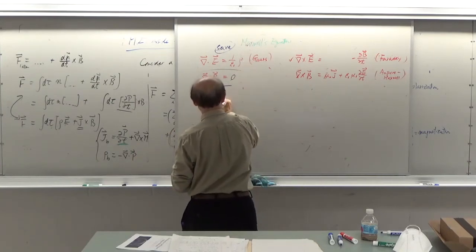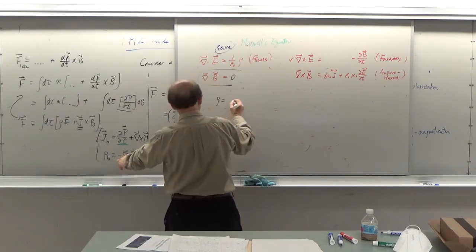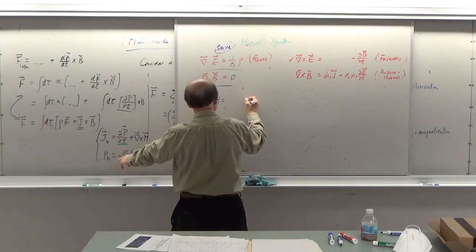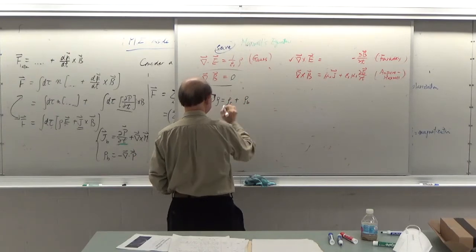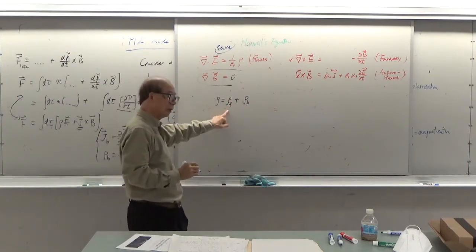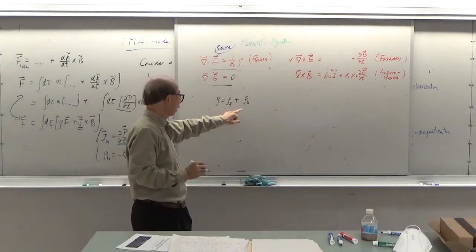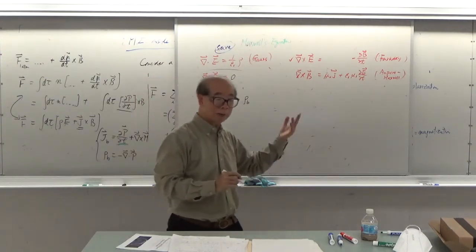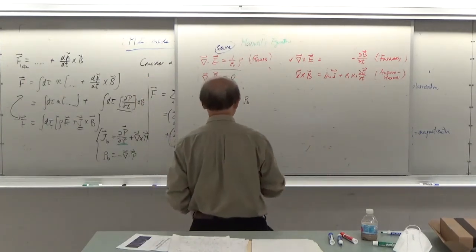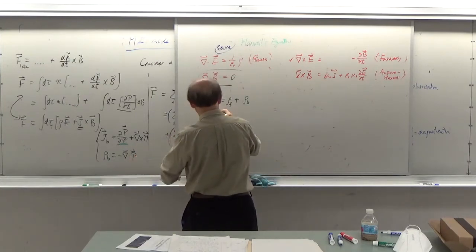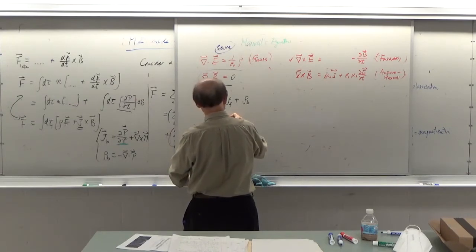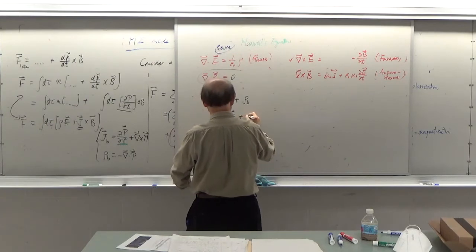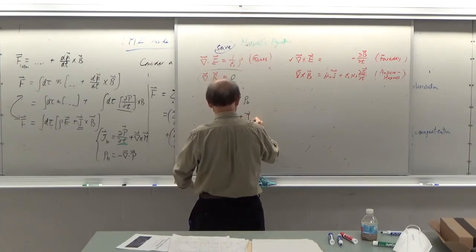So rho here, of course, consists of the sum of the bound charge density as well as the free part. By free part, we mean the charge not given by polarizations, magnetizations, etc. And we have the current density is equal to the sum of the free part and the bound part.